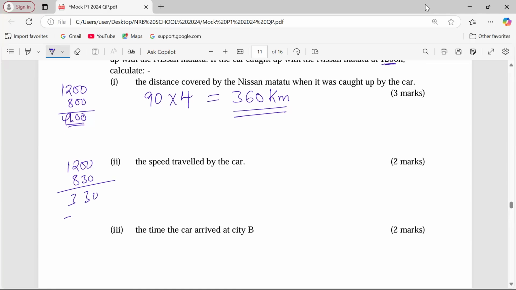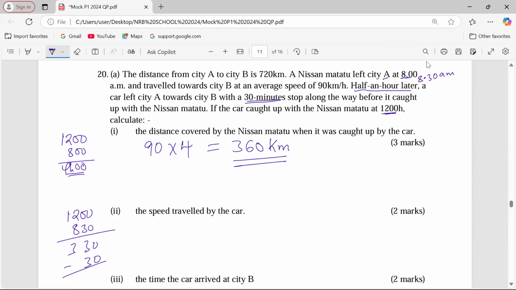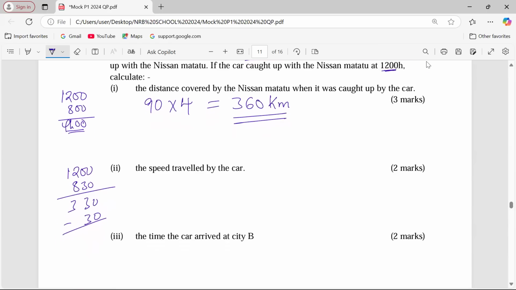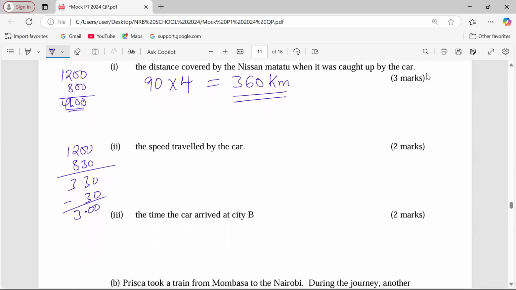But we shall subtract again the 30 minutes stoppage, because from 8:30 to 12 noon there are 3 hours, 30 minutes. But within these 3 hours, 30 minutes, there is a break when the car was not moving. So that means we have exactly 3 hours of motion.